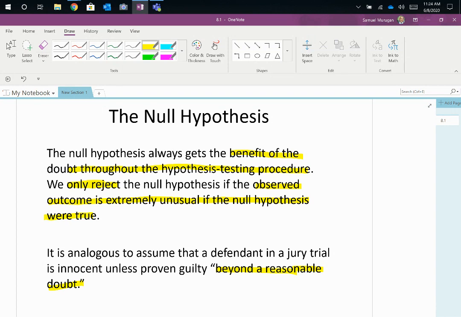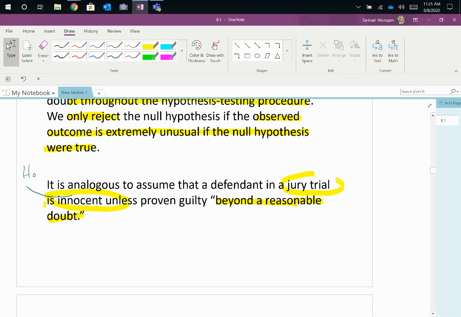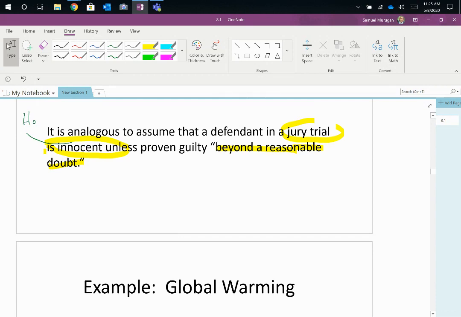So in the jury trial, innocent is the null hypothesis, that is H0, that the defendant is innocent. And then we have to show, based on observations and evidence, that the defendant is not innocent. So there's the analogy that we're looking for to explain this.